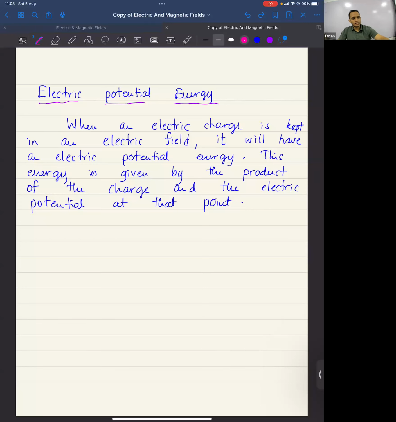This energy is given by the product of the charge and the electric potential at that point. Is that okay?